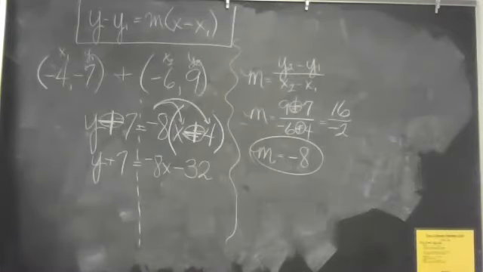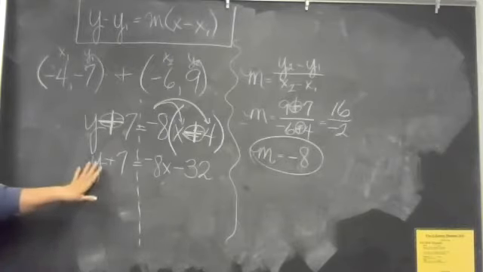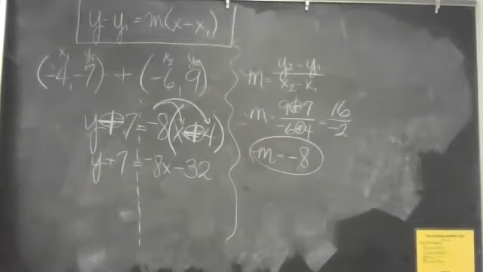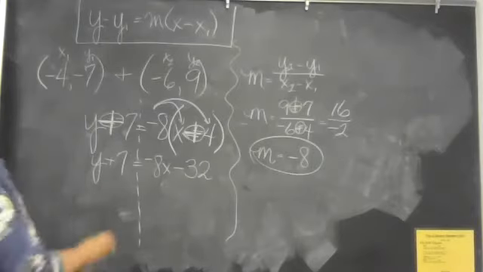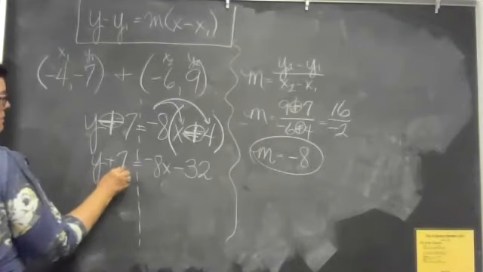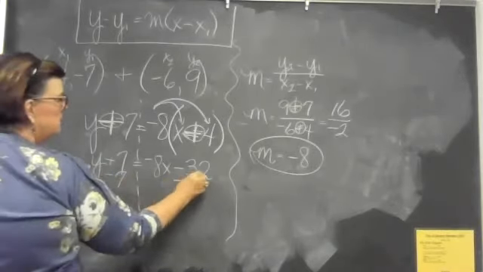Now the equation of a line, we want it equal to y, just like always, okay? And so the only thing I have left to get the y by itself is to get rid of the 7. Are you with me? Yeah, okay. -7, I'll go here, and -7 here.